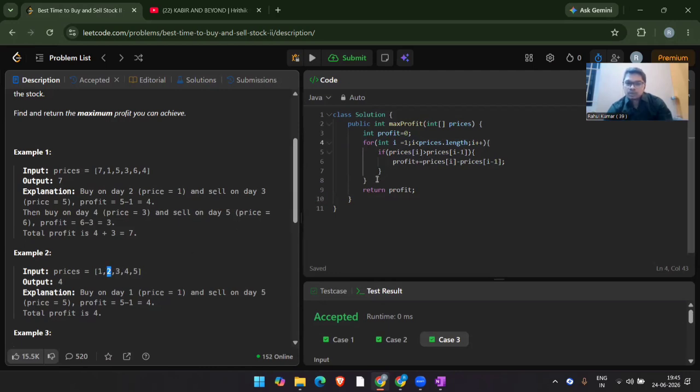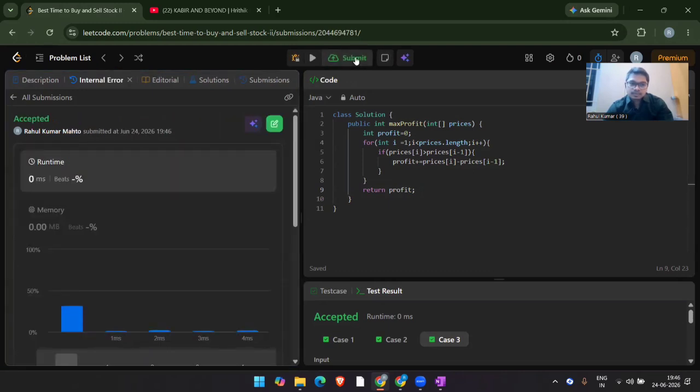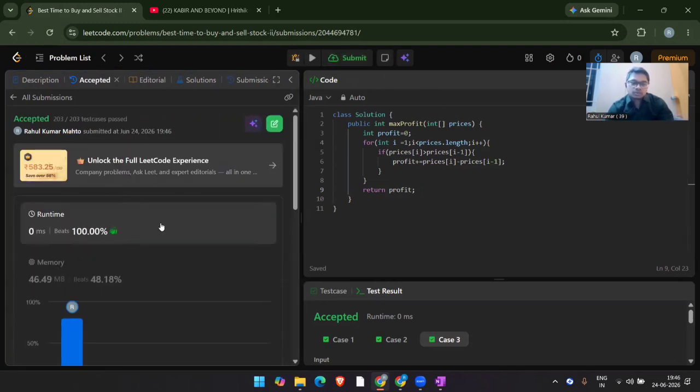If the current one is greater than the previous one, then I will simply do current minus previous and assign it to the profit, and then finally I will return profit. Okay, so let me submit. Okay, so all the test cases are working.